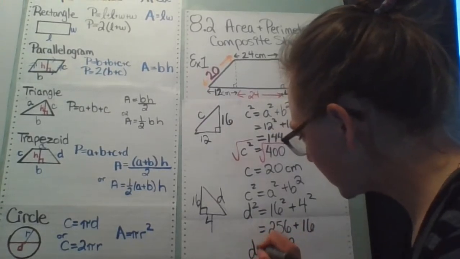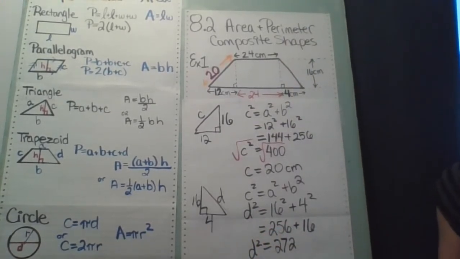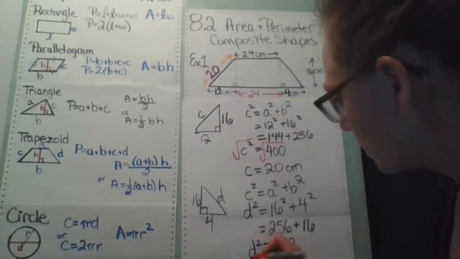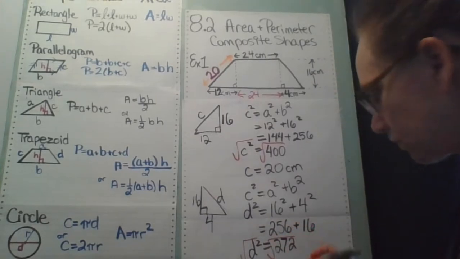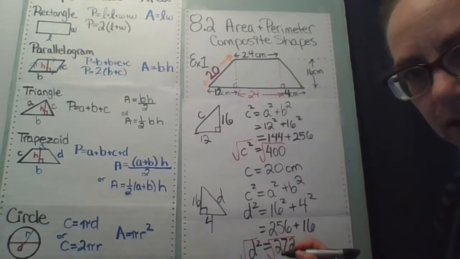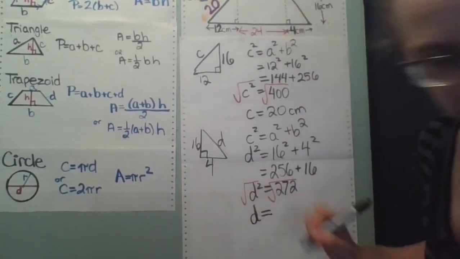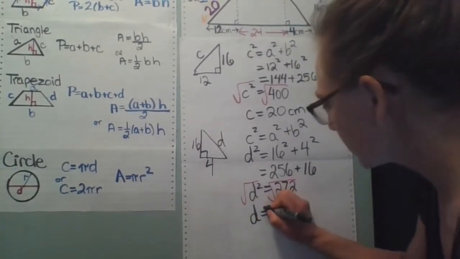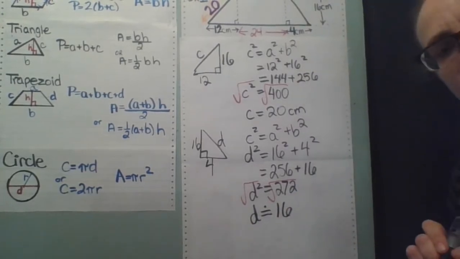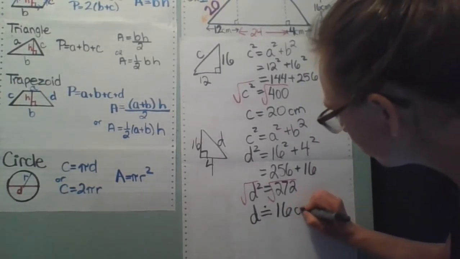So that's what that side length squared is. Opposite of squaring, we got a square root. Calculator, what do we get? D equals approximately 16.